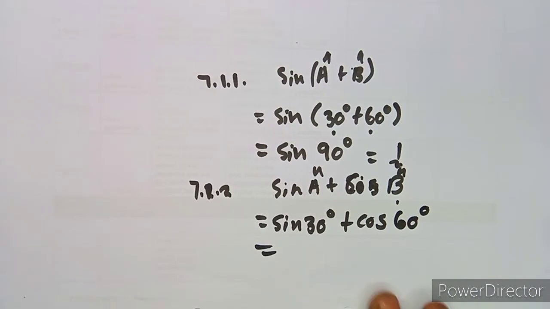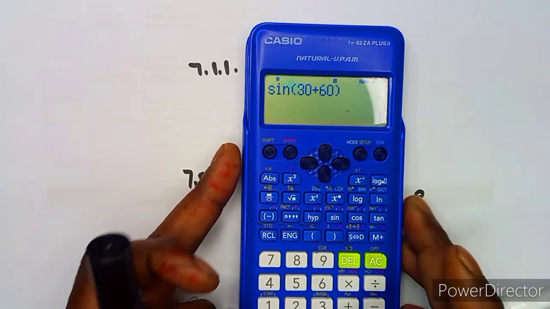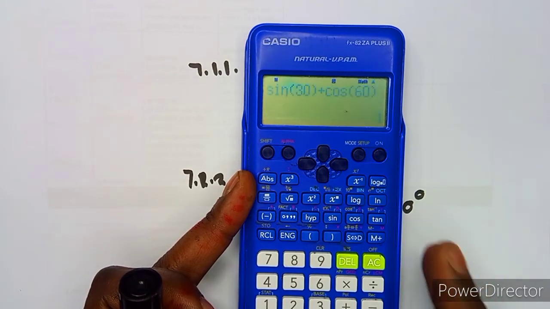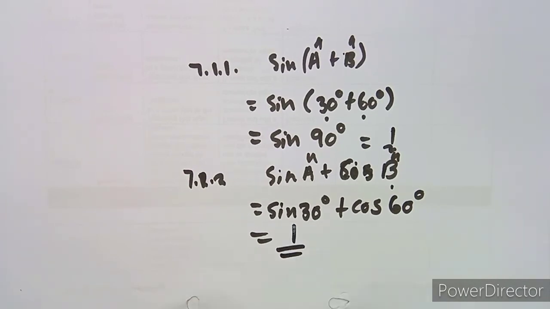You can just put it on your calculator like this. Make sure to put sine 30 degrees, close the bracket, plus cos 60 degrees, close the bracket, which is going to give us a 1. So this one is going to give us a 1 again.